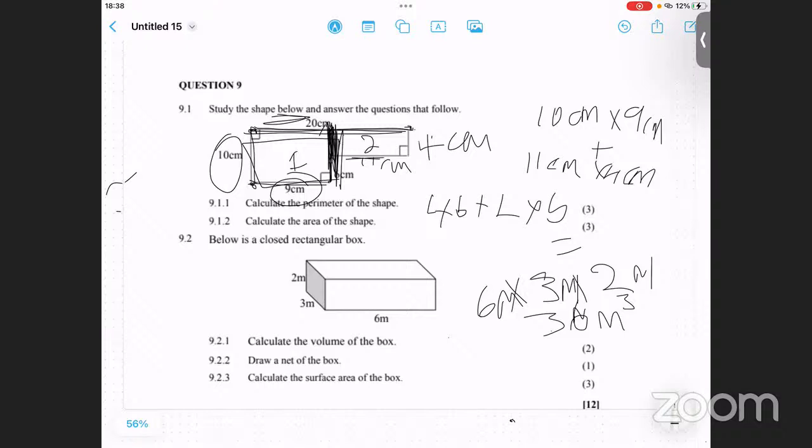Now let's move to number 9.2.2. They say draw a net of the box. When they say draw a net of the box, they basically want you to unfold all the sides. You unfold all the sides, okay?